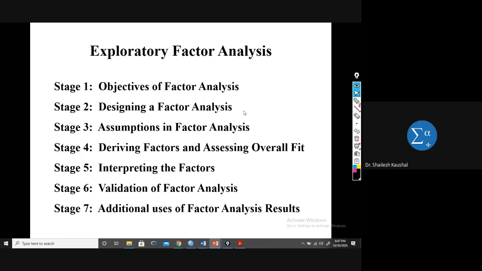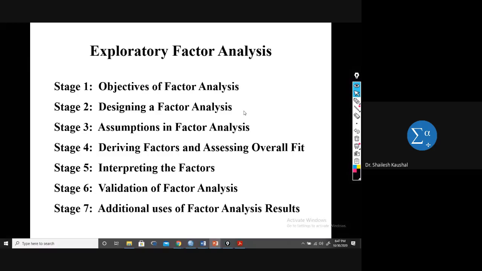Then deriving factors and assessing overall fit, interpreting the factors, and validation of the factor analysis, which means we can split our sample into two and, through cross-validation, check the result. Then additional usage of the factor analysis results.